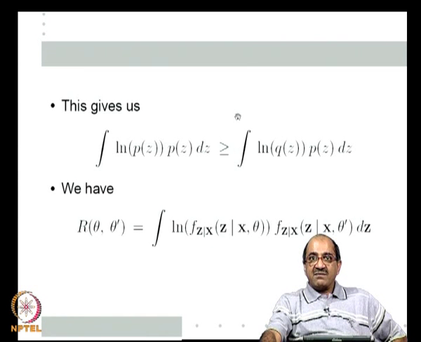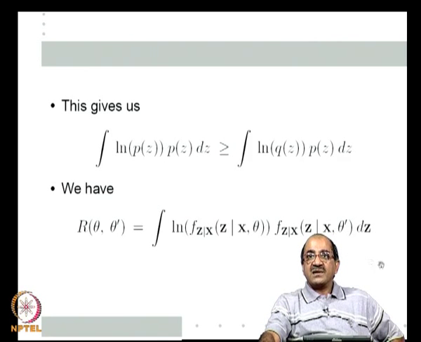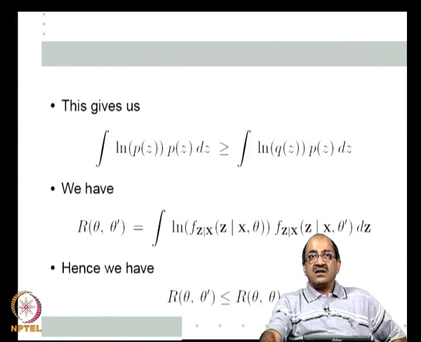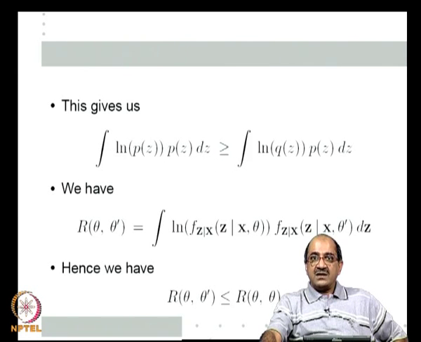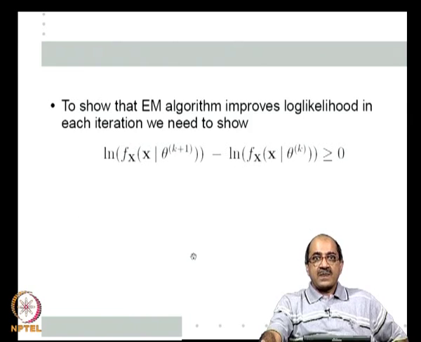So, combining with this and looking at this form, ln of one density into some density dz, the two densities become the same if theta is equal to theta prime, and they are different if theta is not equal to theta prime. That gives us r theta prime, which is the integral of ln qz pz dz, is always less than or equal to r theta, which is the integral of ln pz dz. Right. So, for any theta not equal to theta prime, we showed that r theta prime is less than or equal to r theta. Okay.